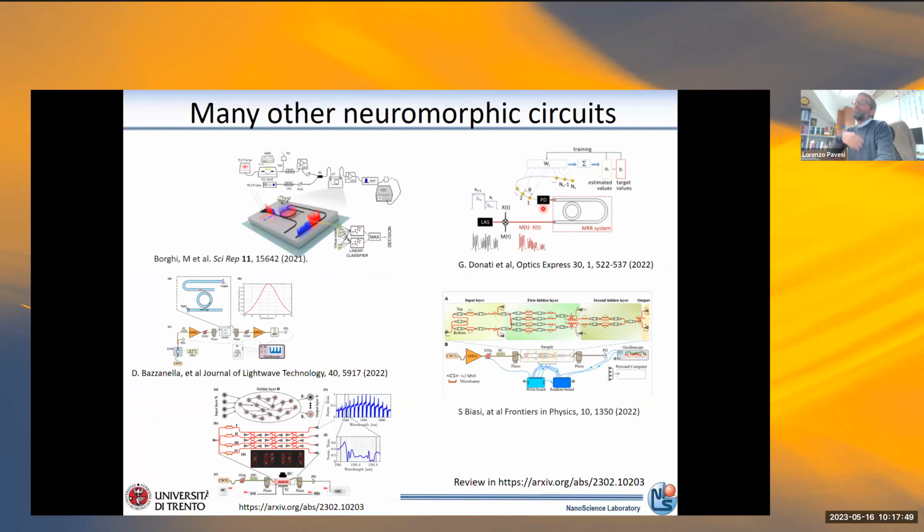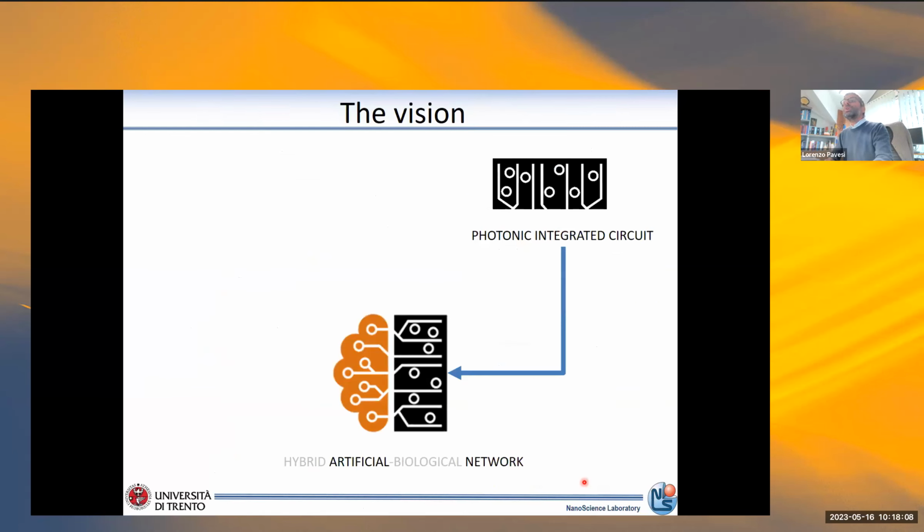And so we have also elaborated other different neuromorphic circuits that are able to achieve other functionalities. If you are interested in a review of what we did, you simply have to look at this work here. So let me go back to our vision.